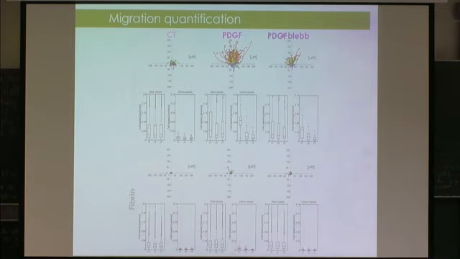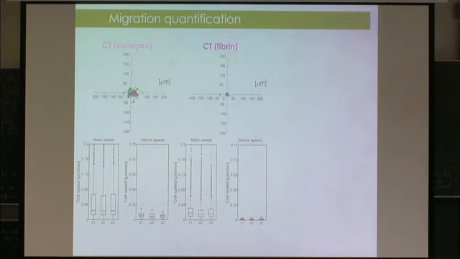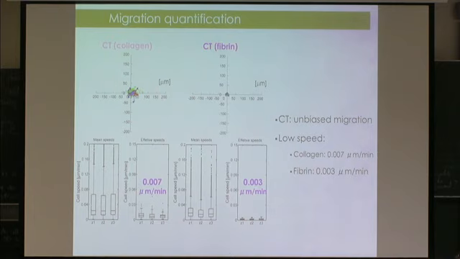In fibrin, the movement of the cell is more or less static, it is not going to move. If we quantify in detail, we can see that when there is no factor, the migration is not directional, and we can observe that it's higher in the case of collagen in comparison with fibrin.